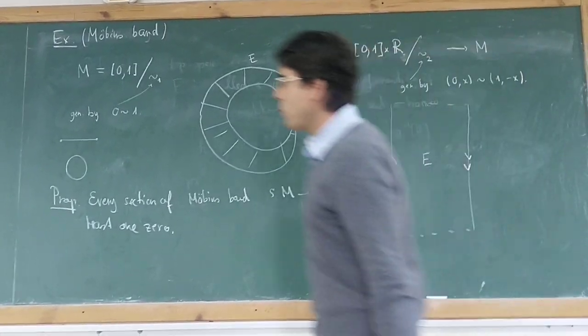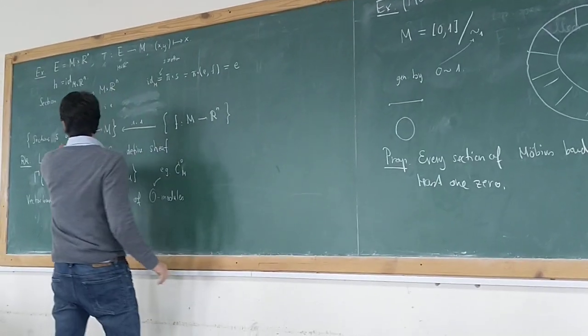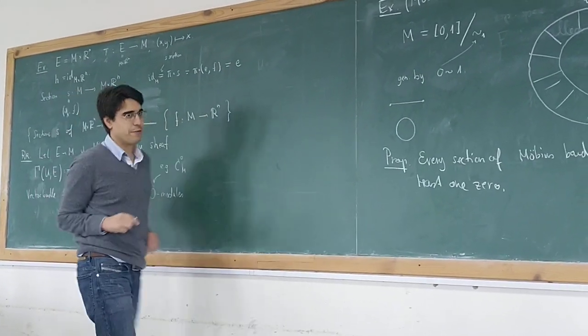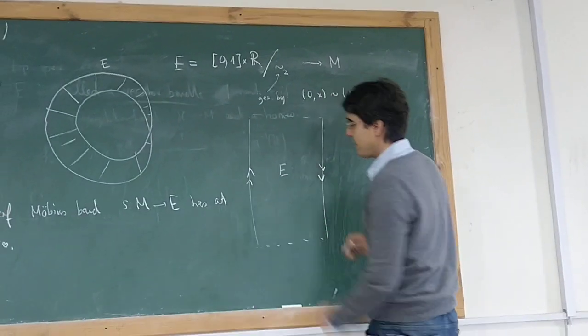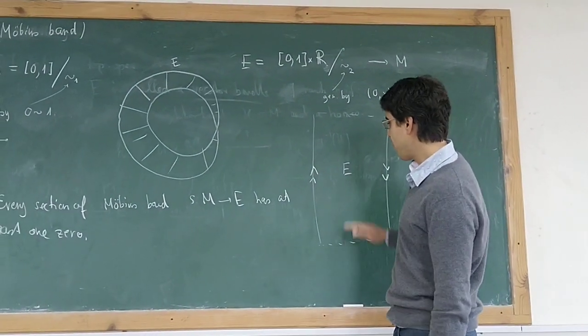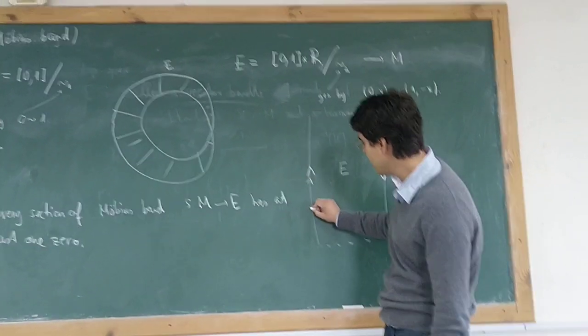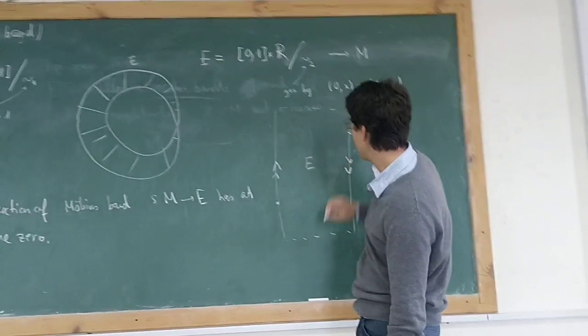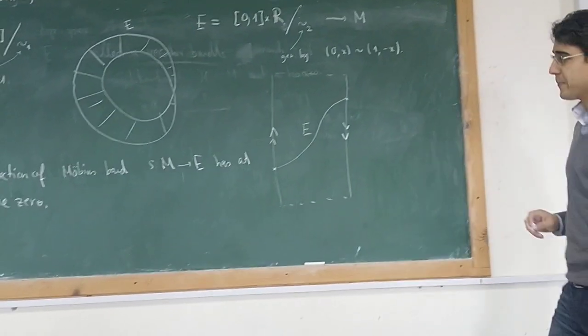In the same way as over here, where we identify sections of the trivial bundle with ordinary functions, we do the same thing in this setup of the Möbius band. We find that a section corresponds to a function which takes opposite values here. So something like this would be a section.